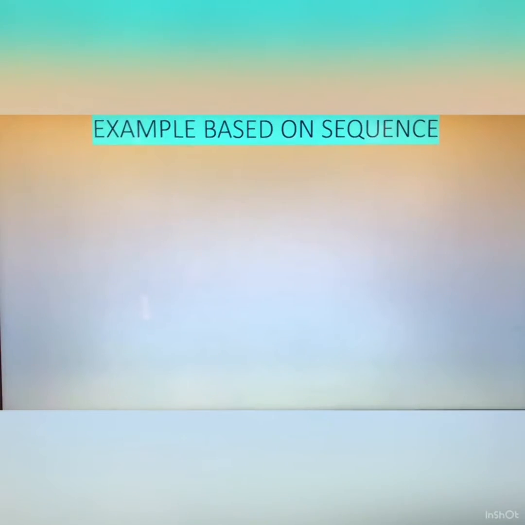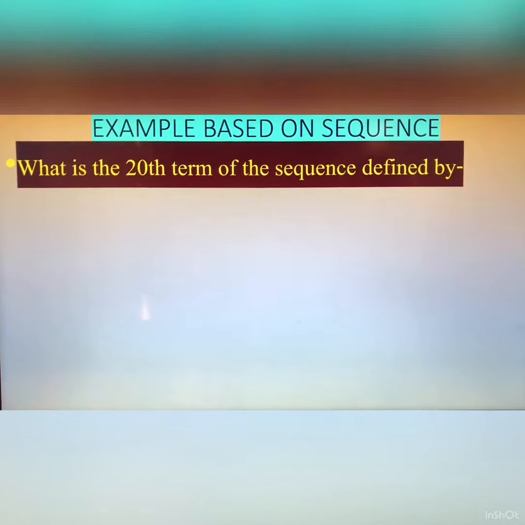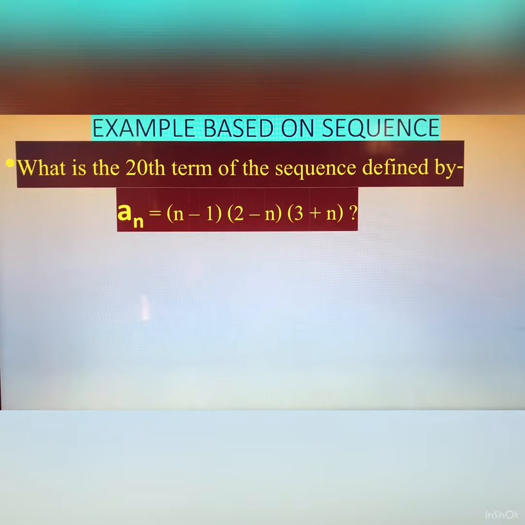After that, moving to another topic, an example based on sequence. Let us take the first question: what is the 20th term of the sequence defined by a_n equal to (n minus 1)(2 minus n)(3 plus n)?